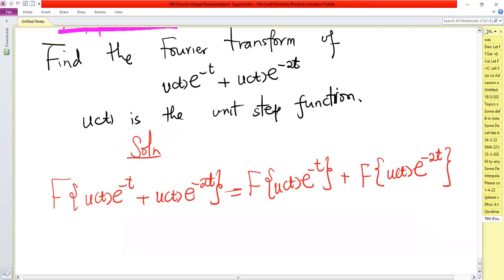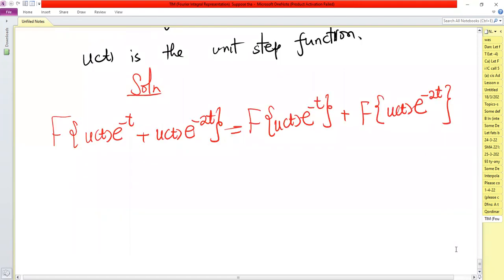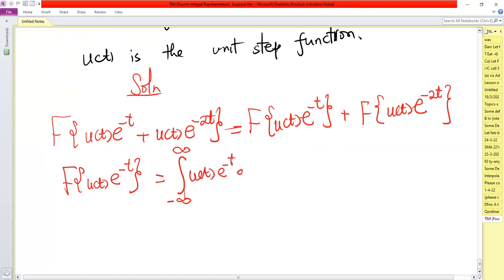So the Fourier transform of u(t)e^(-t) is the same as the integral from minus infinity to positive infinity of u(t)e^(-t)e^(-ikt) dt.